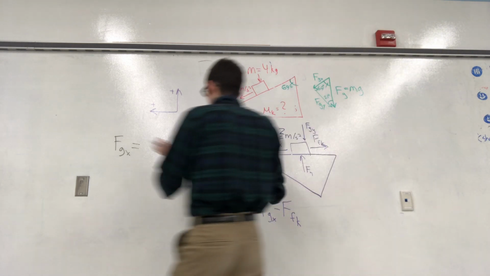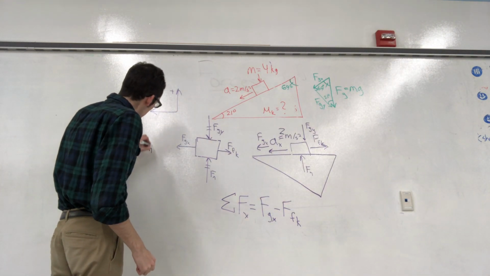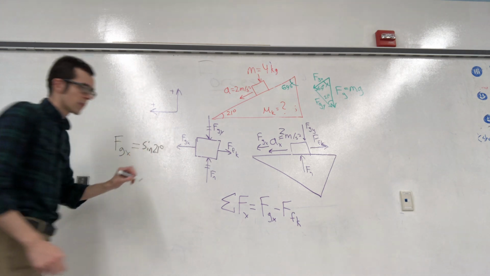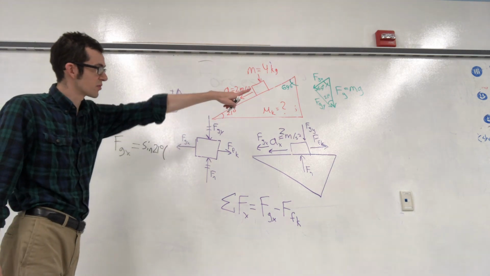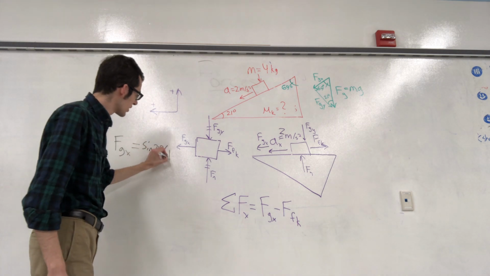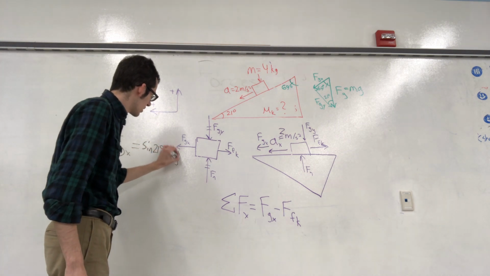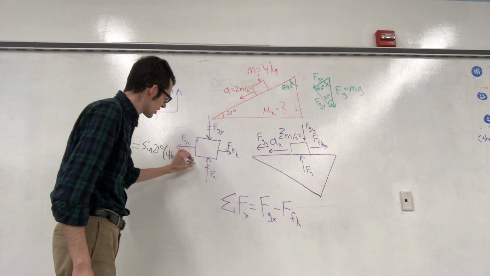So FGX is equal to the sine of 21 degrees times our total force. Our total force is the force of gravity, mass of 4 kilograms times 9.8 meters per second squared.